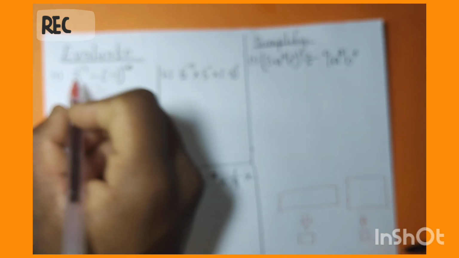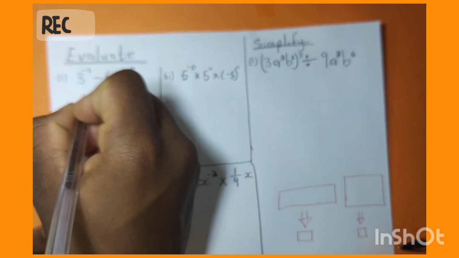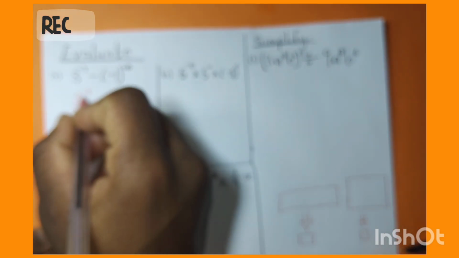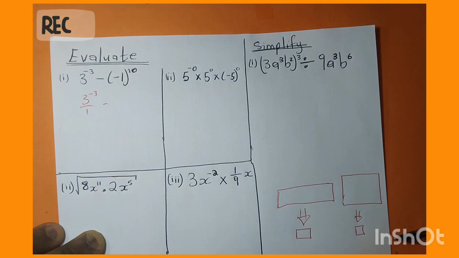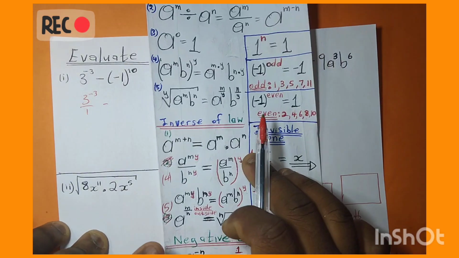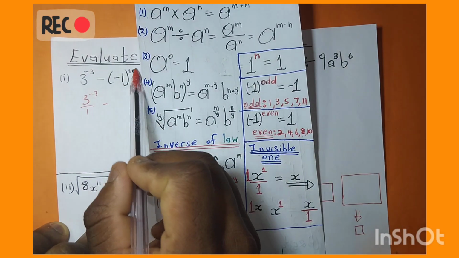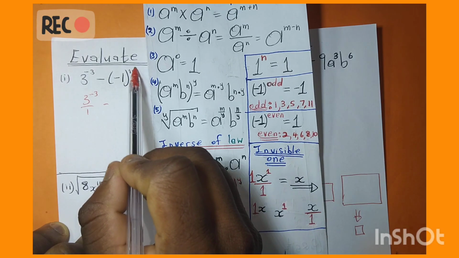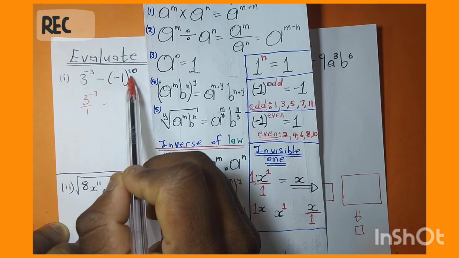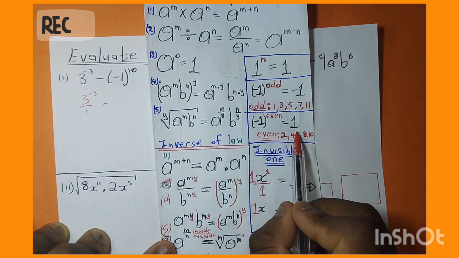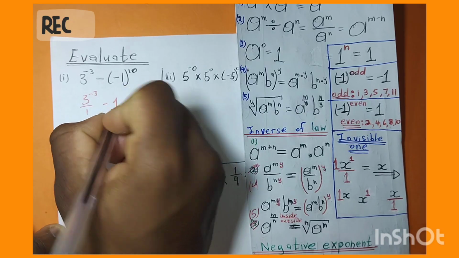I'll start by changing the negative exponent. When changing a negative exponent, this is what you do. You put an invisible one, and I told you something from those rules at the beginning of the video: when you see an exponent which is an even number, and here you have -1, you get +1. So this thing is the same as +1, by the way.